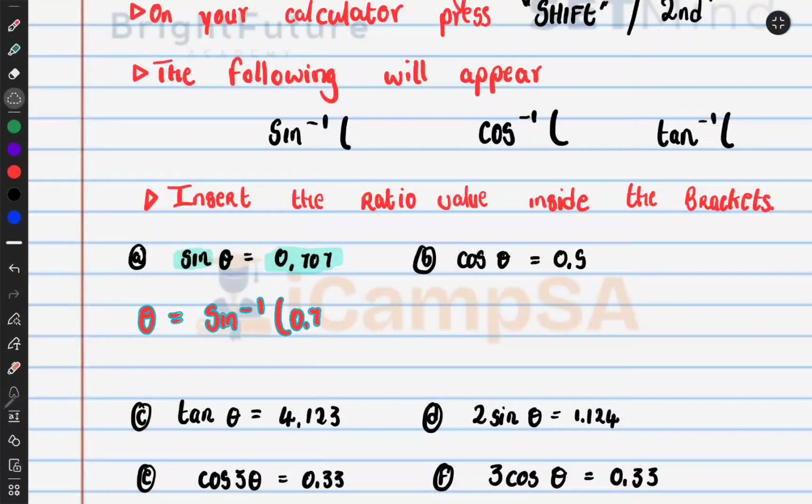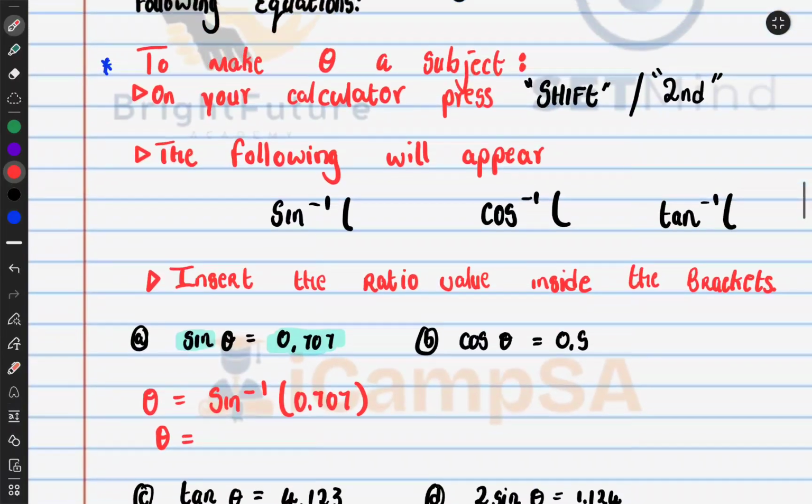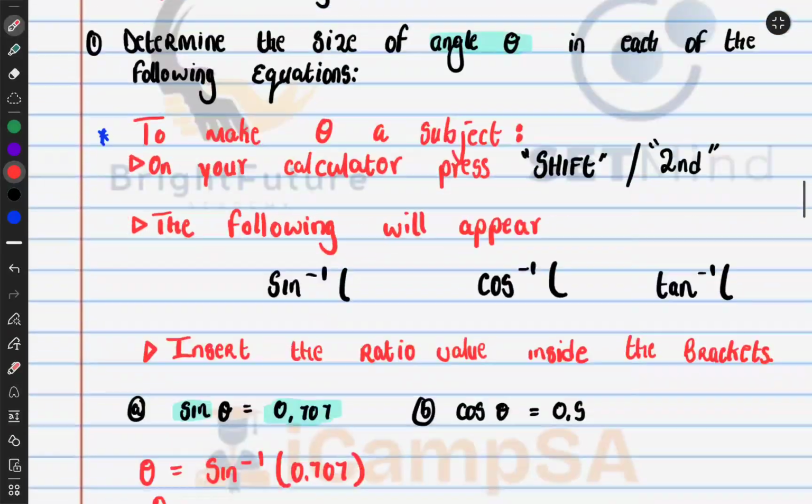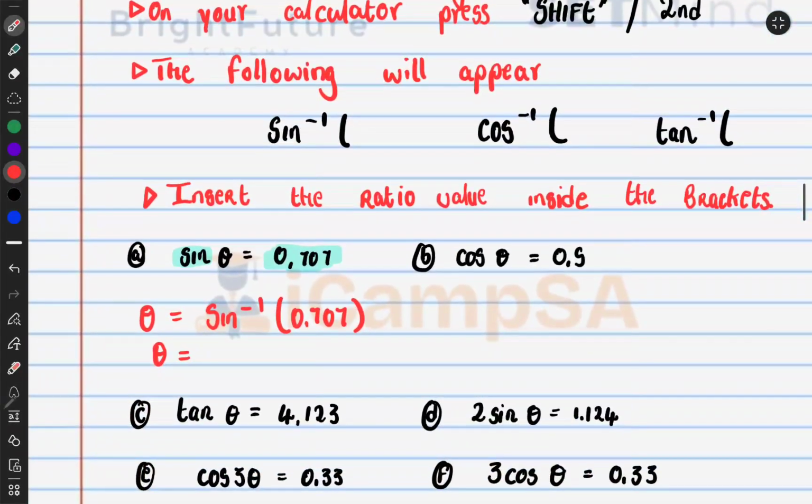Is 0.707, and then you punch this in your calculator. It should give you the value of theta. Therefore, the value of this angle theta is 44.99. We change that to 1 decimal place. It's going to be 45 degrees.